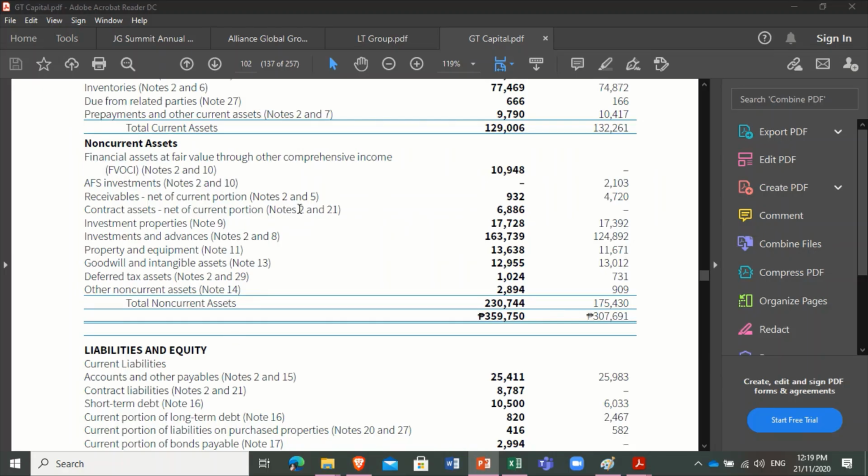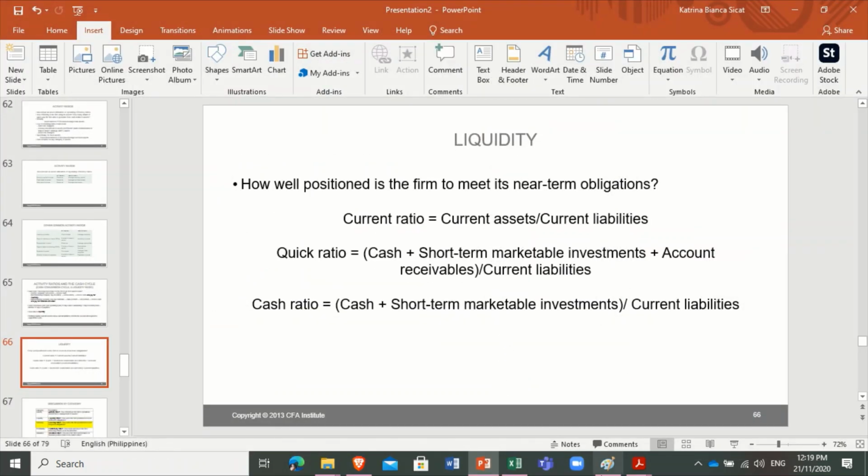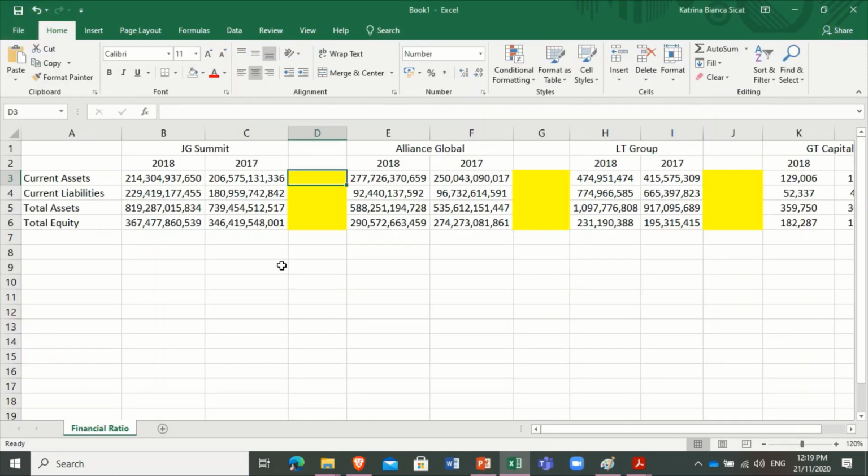I have an example of JG Summit, Alliance Global, LT Group, and GT Capital. We would want to know how much or what is their current ratio. Pero balikan muna natin yung slides natin, no? Okay, current assets over current liabilities. I-apply natin yan dito.